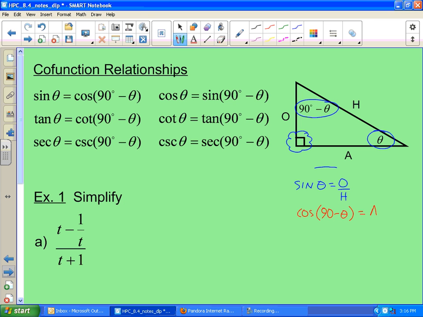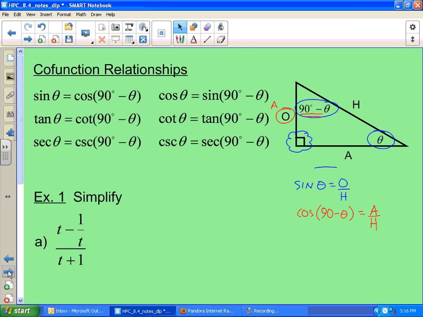In that case, I have an adjacent over hypotenuse. And the relationship is that for the 90 minus theta angle, this O is actually the adjacent side. And so I get the same answer.